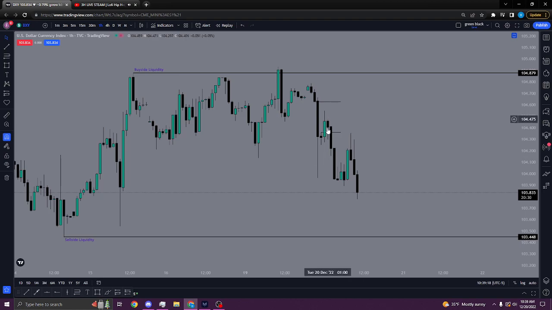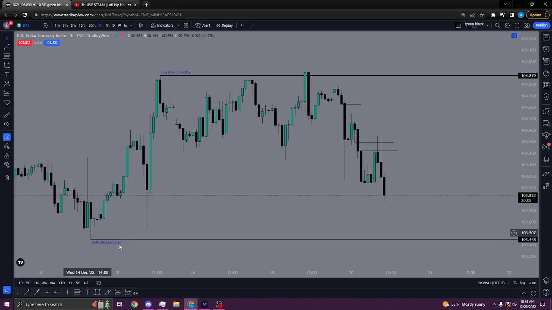So then we see price break this swing low here. Now from this high to this low, we have this fair value gap. Let's draw that out. Alright. Remember, this is our long-term target.